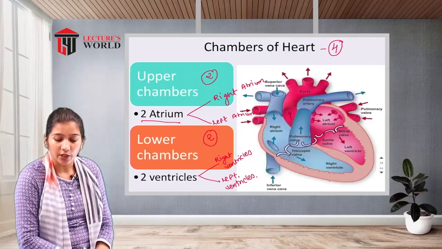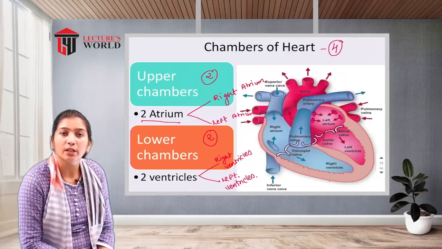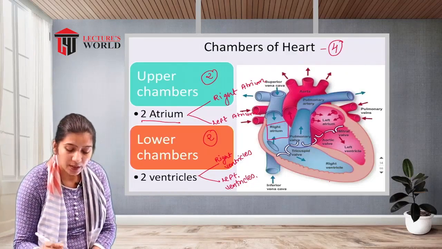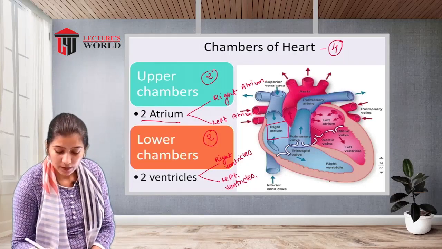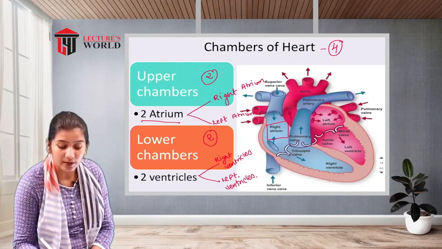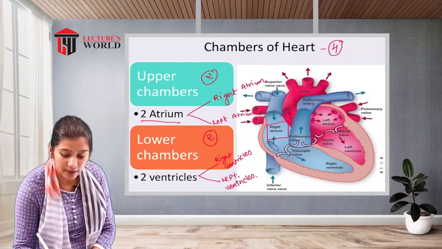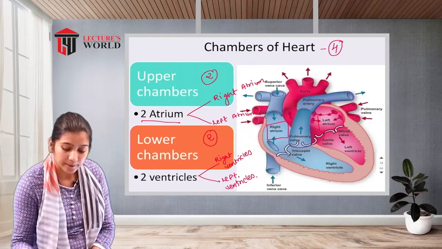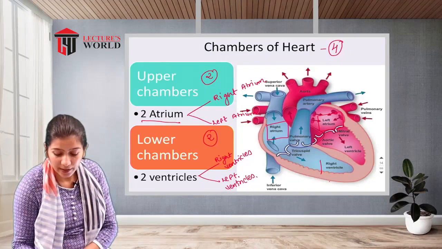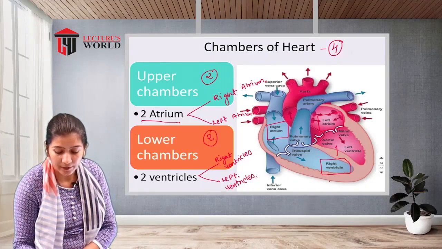So in the picture you can see the location of the chambers of the heart. The first one is the right atrium. There are two atria, the right atrium and the left atrium. So this is the right side, that is the right atrium, and the left atrium. Next is the ventricle. So there is a right ventricle and the left ventricle.